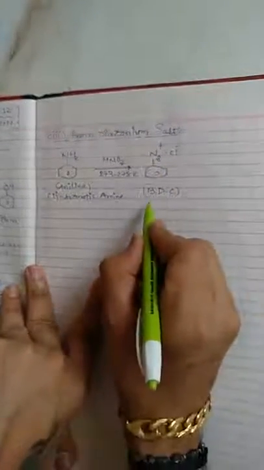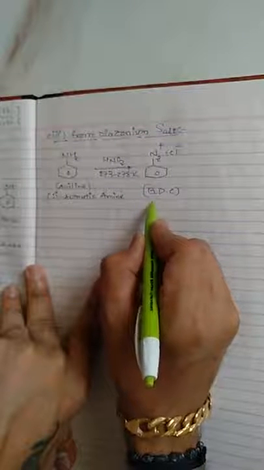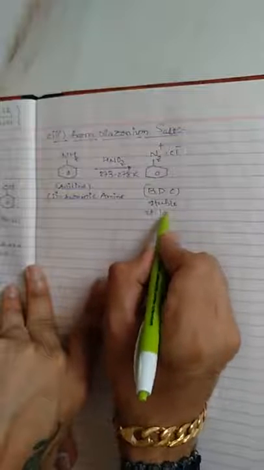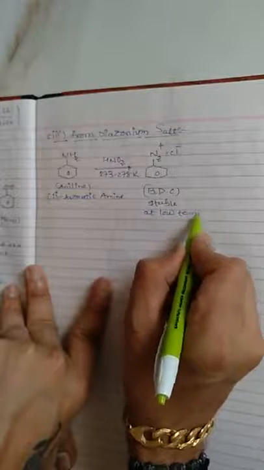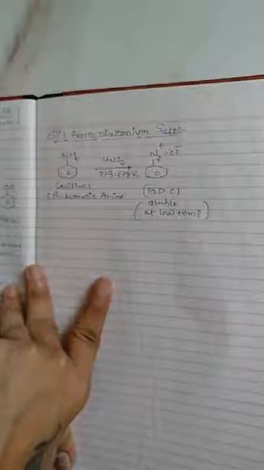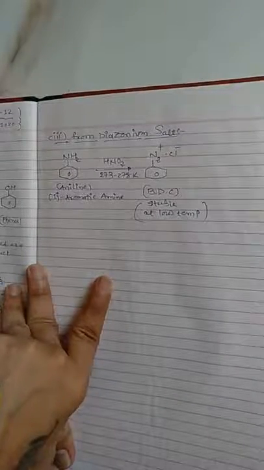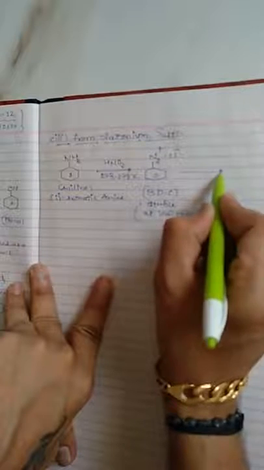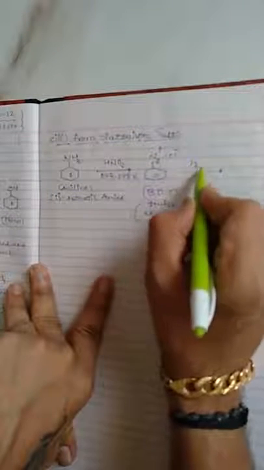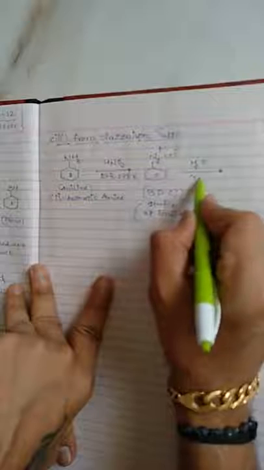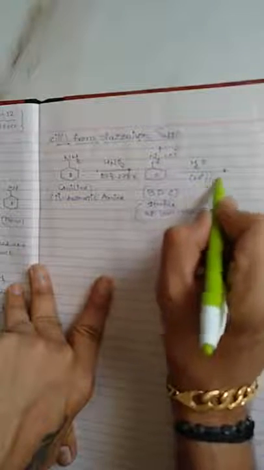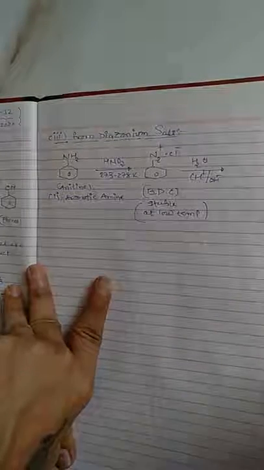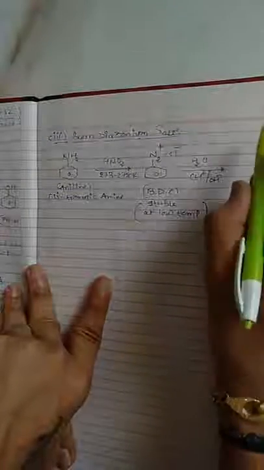This intermediate is stable at only low temperature. So I will mention the condition over here, stable at low temperature. Now when this diazonium chloride is treated with water, water means H plus and OH minus ions.